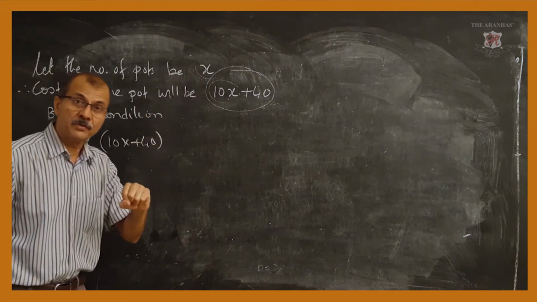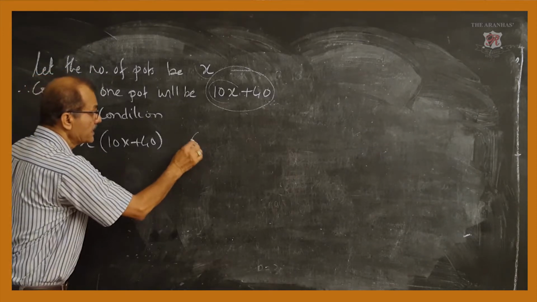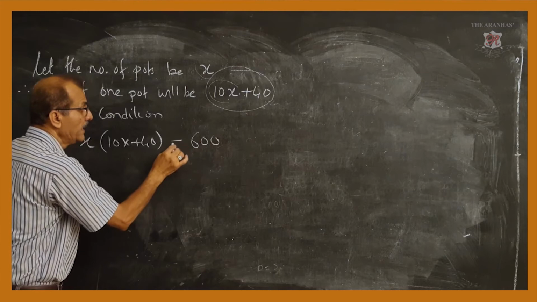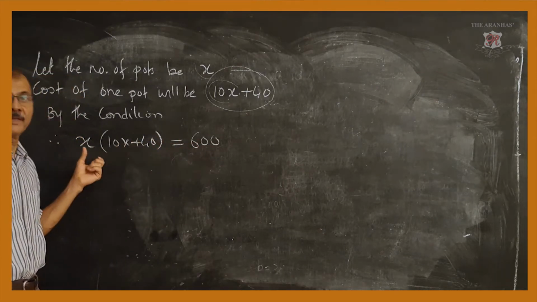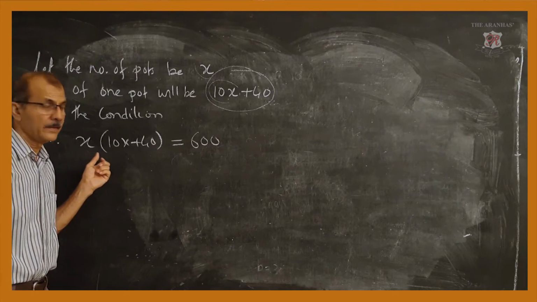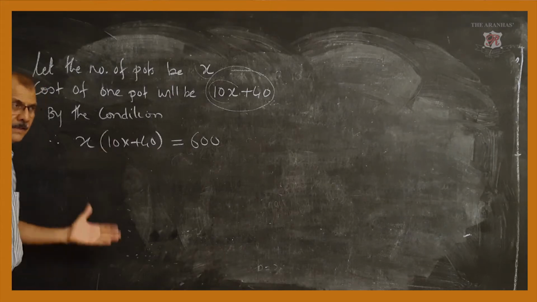But that is given to me as 600. So this is the total cost and the total cost is 600. So therefore it will be equal. This is how you frame the equation. Now you know further steps. You have to open the bracket and get the quadratic.